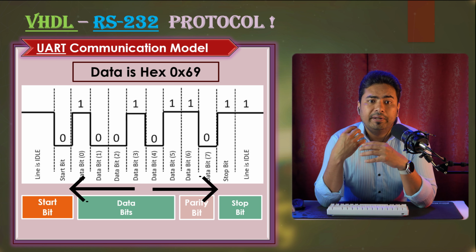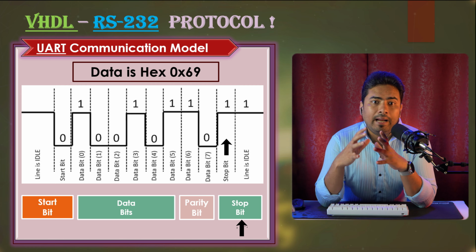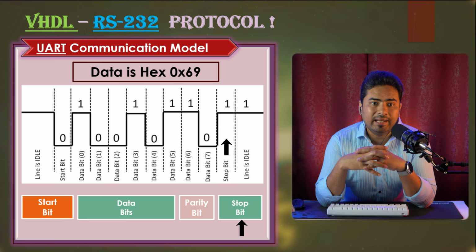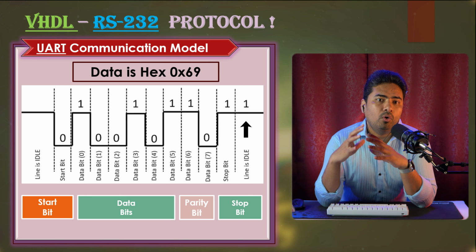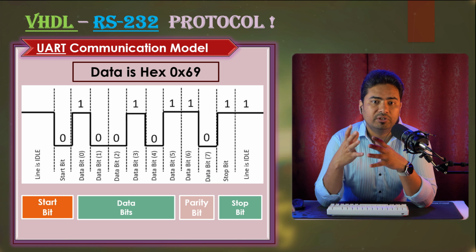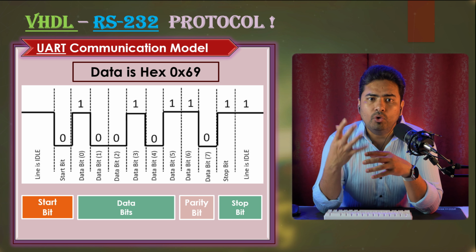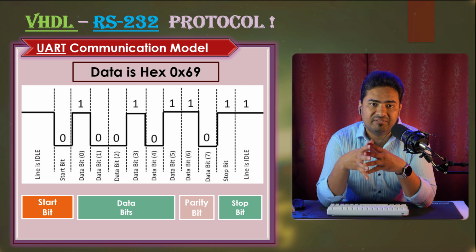Now after transmitting all of these 8-bit data, we send stop bit, and it is always logical high. And finally this signal remains high, or we can say at idle state. This means that no further data is about to transfer now.